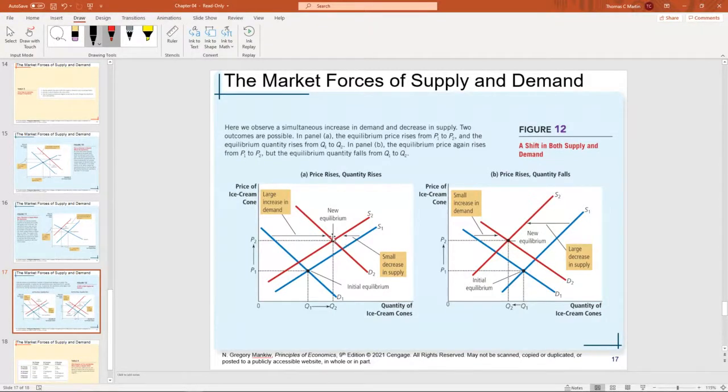So this will actually see an increase in price and an increase in quantity. There's a demand shift. Here we see a supply shift. The supply, a big shift in the supply to the left. There's an increase in demand. So we see the new equilibrium is over here. We'll see a decrease in quantity long term and an increase in price long term.